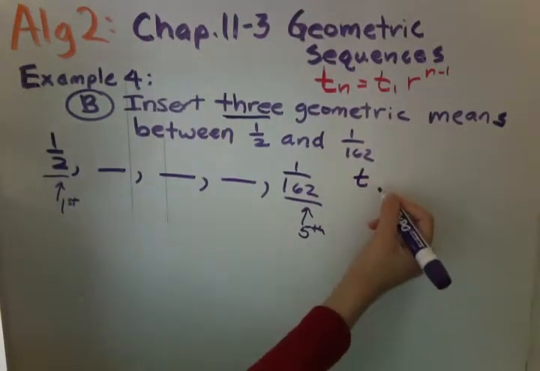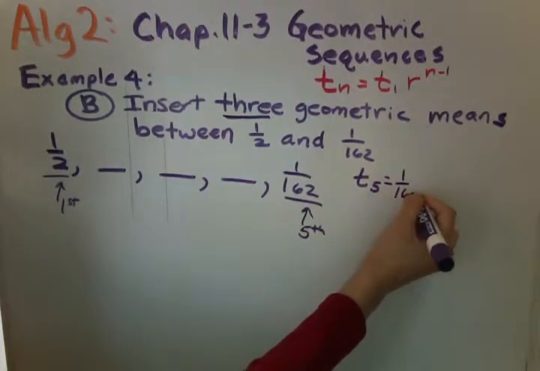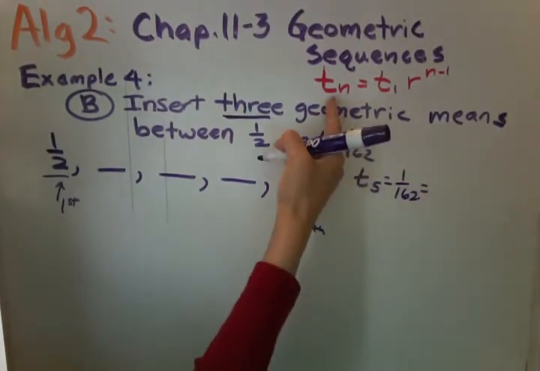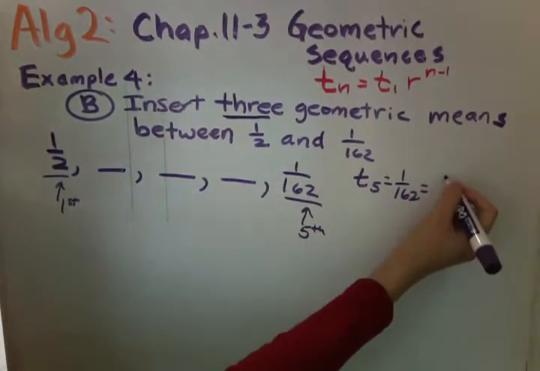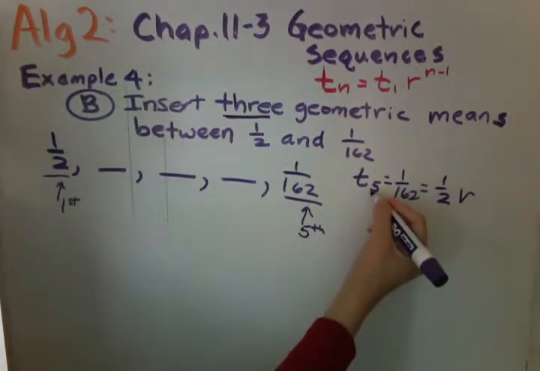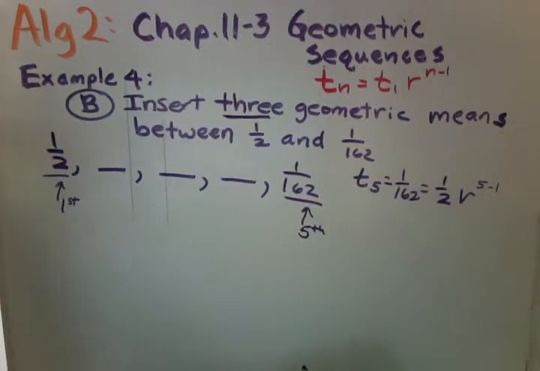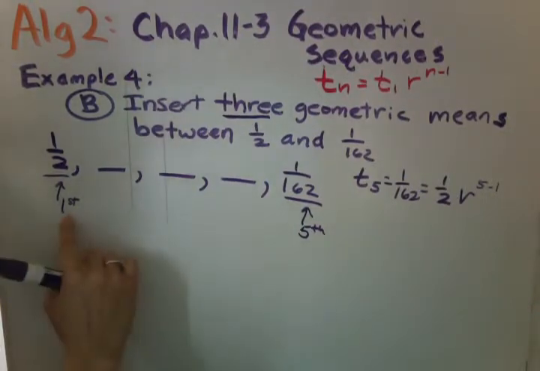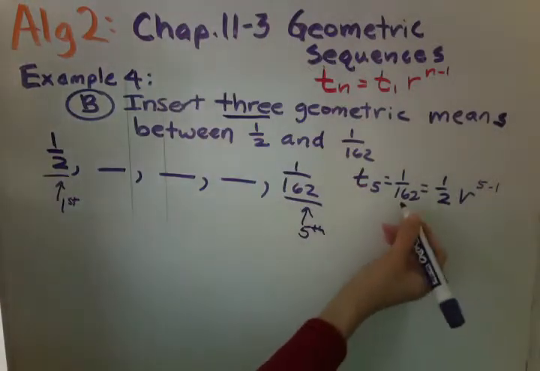The value of the fifth term, 162, equals the first term, which is given right here, 1/2, times r to the n, which is 5, minus 1. So we're just using the first term and the fifth term and plugging it in to our equation.